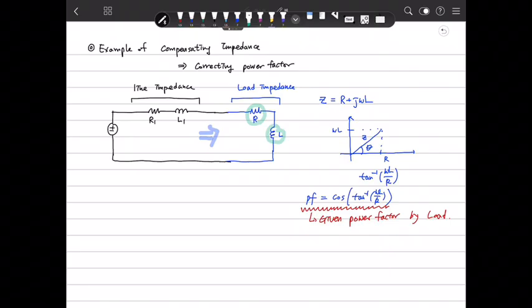Why? The load is fixed. For example, we want to operate the washing machine, or refrigerator, or elevator, and light, whatever it is, we want to consume the electricity. Then the load is fixed.